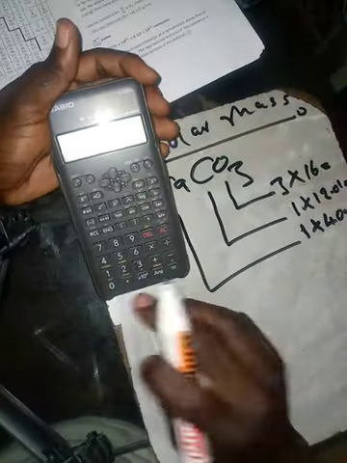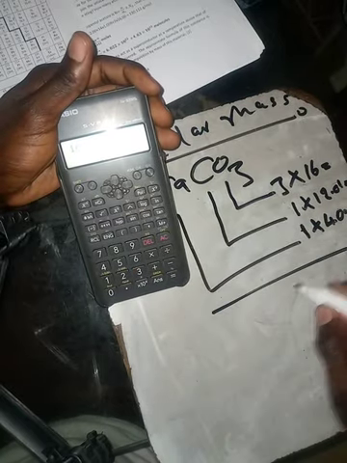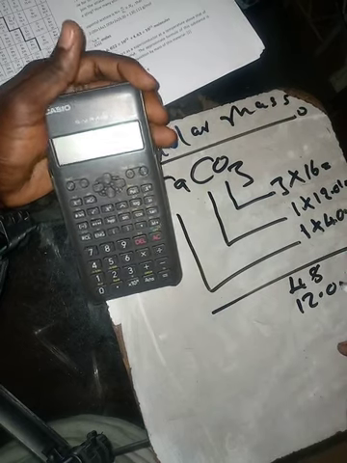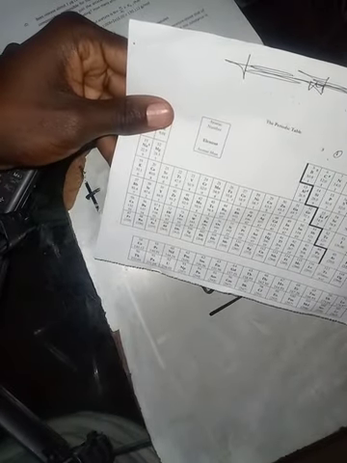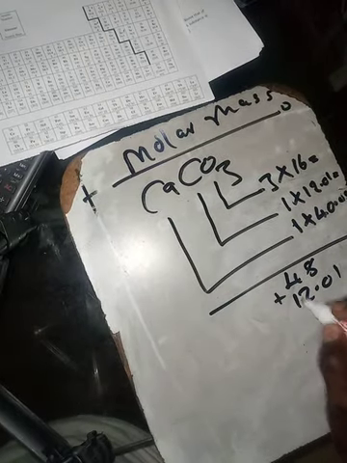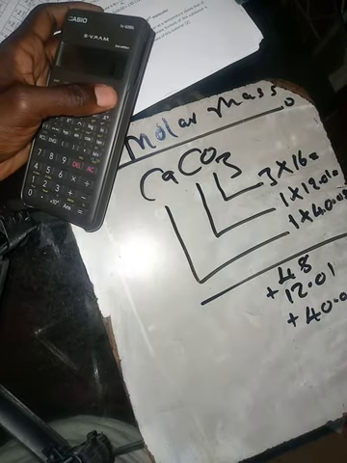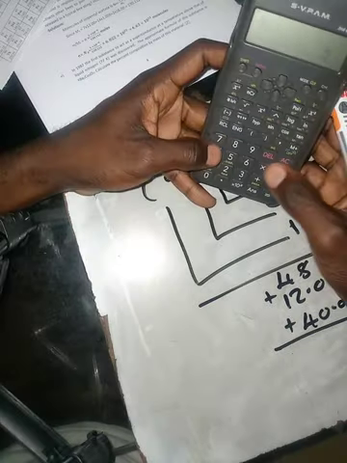When I get my calculator, 3 times 16 gives me 48, plus carbon 12.01, plus calcium 40.08. When I add these, they should give me approximately 100, if my memory serves me right.